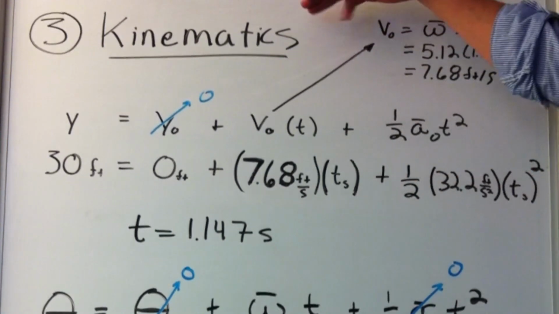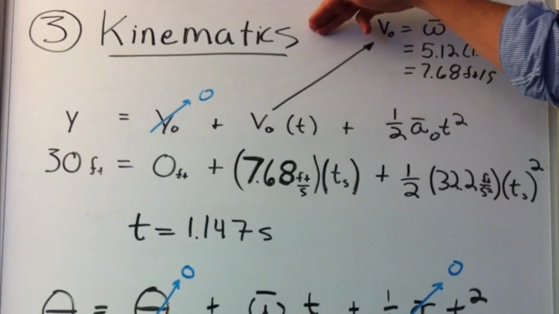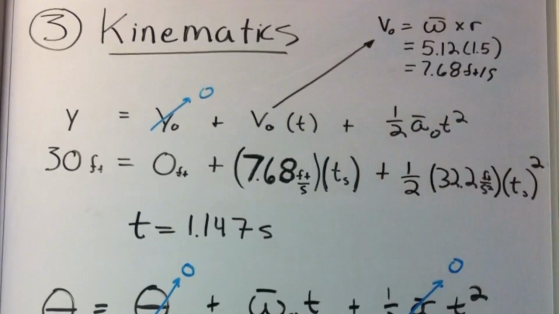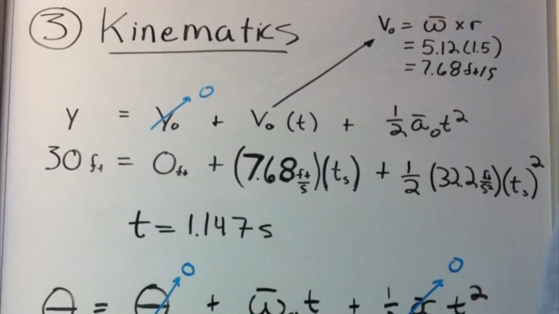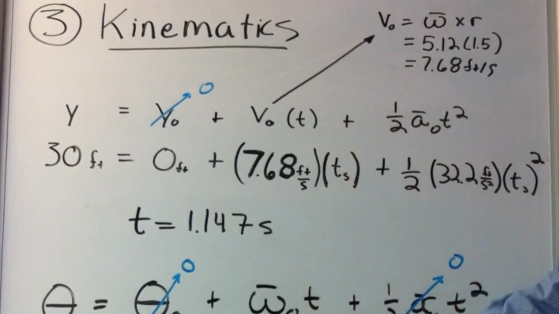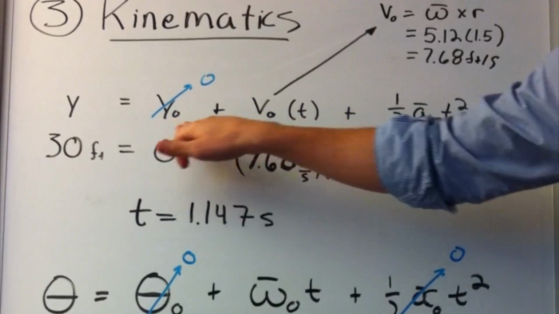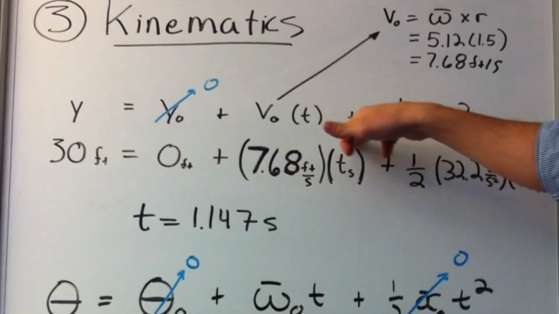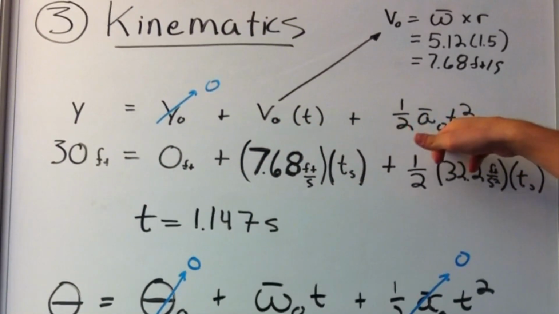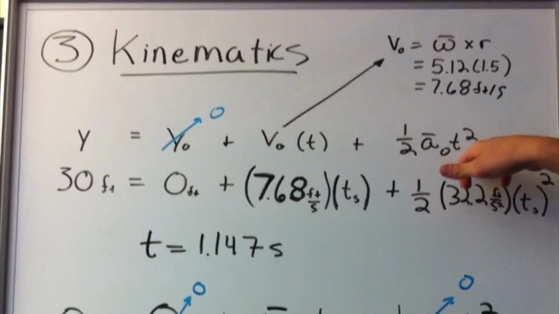So our third step is going to involve kinematics. We're first going to have to solve for the distance traveled downward. So we have y equals y naught plus v naught times t plus 1/2 acceleration times t squared.